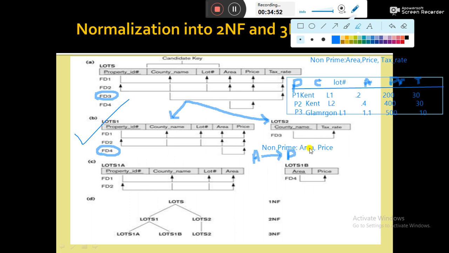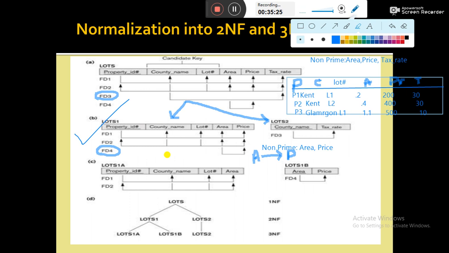And in the non-prime list, price as well as area, both are non-prime. So one non-prime attribute, price, is functionally dependent on another non-prime attribute, area. So definitely we can say that due to FD4, the relation lots 1 is not in 3NF. Why? Because a non-prime attribute is functionally dependent on another non-prime attribute. That is why we can say that lots 1 is not in 3NF.